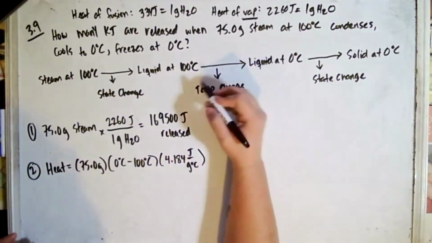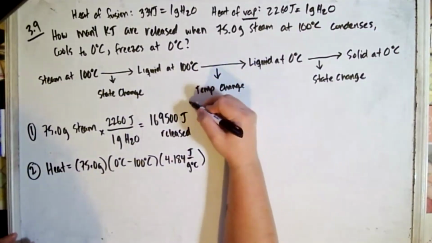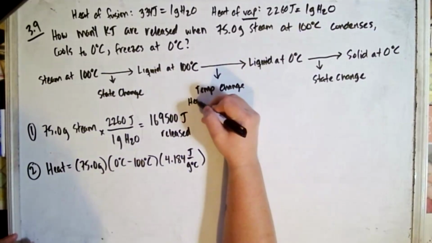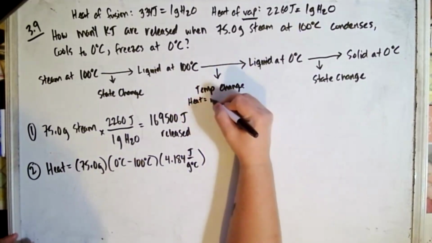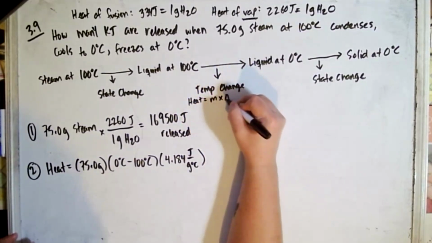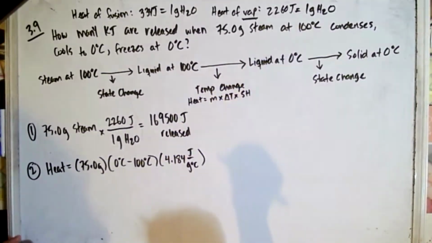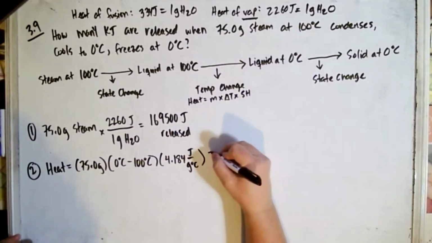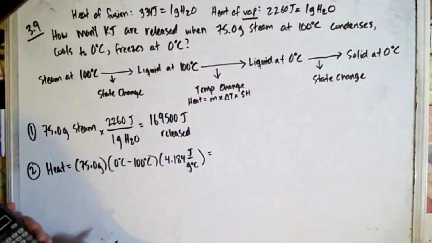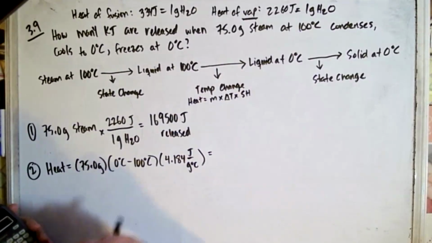All right, remember that for our temperature change, that heat equation is mass times temperature change times specific heat. Okay. So 75 times 4.184 times 100.